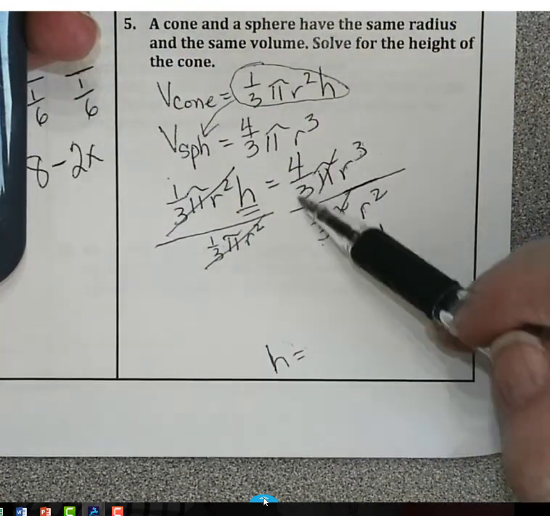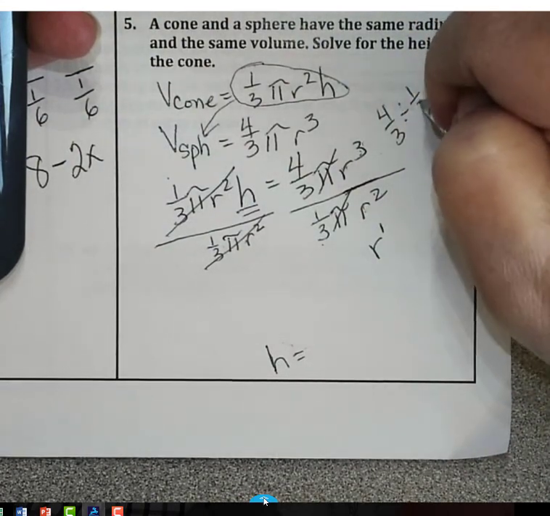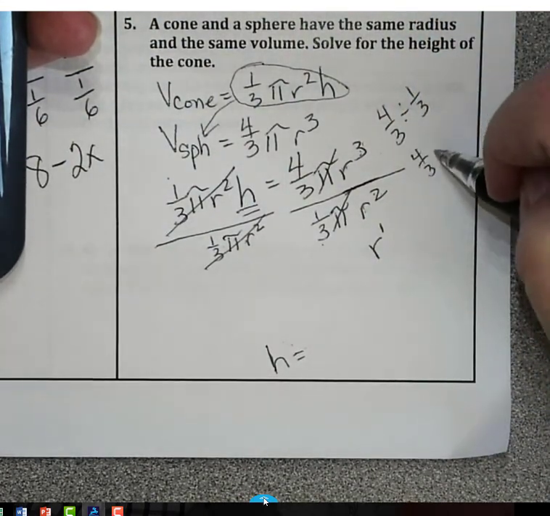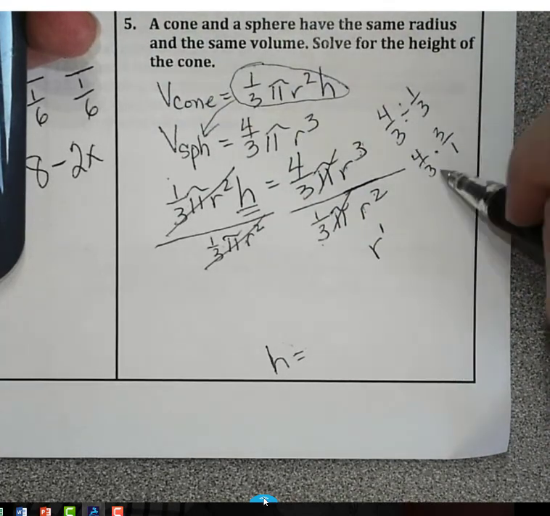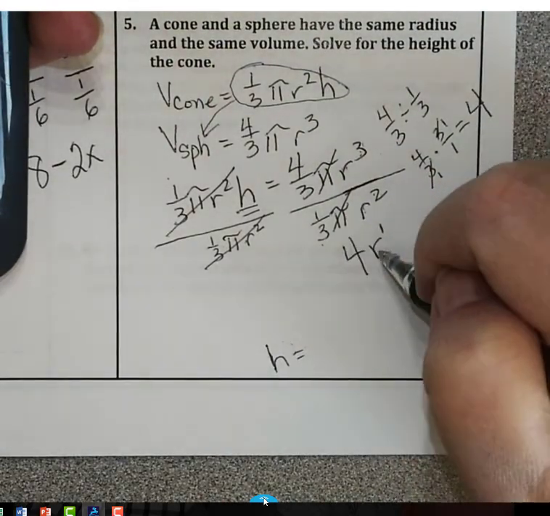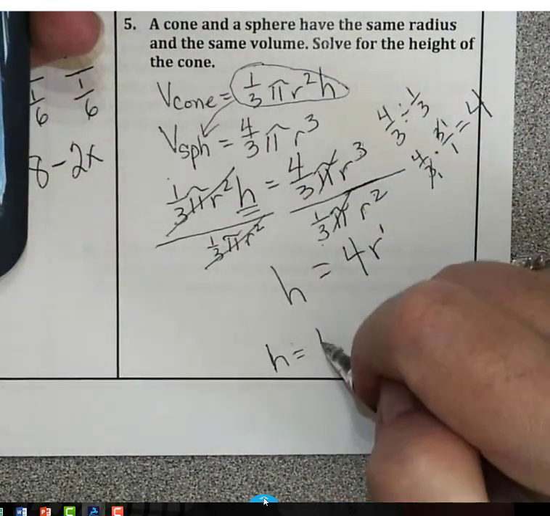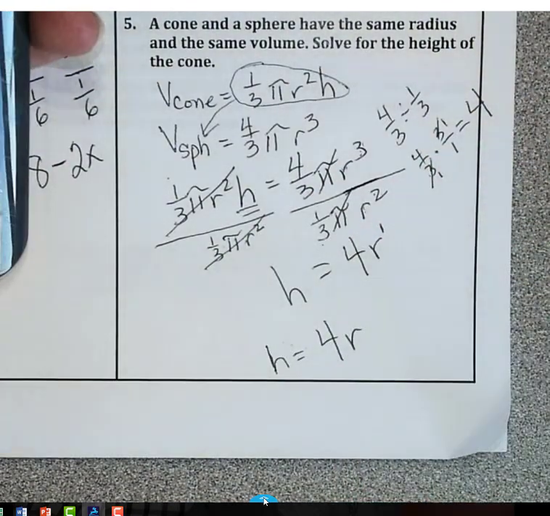And then I need to divide this. 4/3 divided by 1/3 is the same as 4/3 times 3 over 1. Simplify before I multiply. 3 goes into 3 once, 3 goes into 3 once, and I'm left with 4. 4r to the first is equal to h. So h equals 4r. The end.